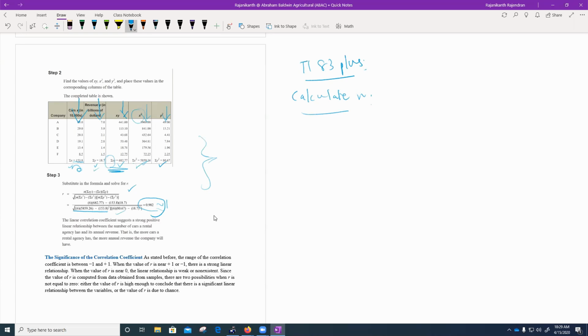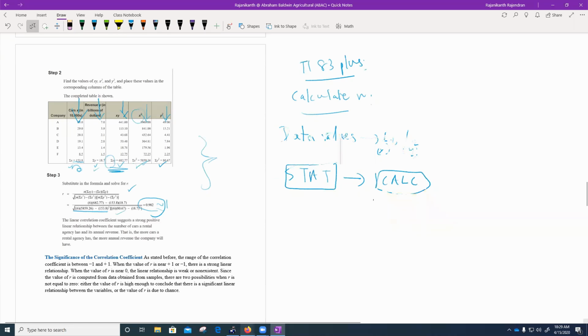First, you have to enter all the data values into the L1 column and L2. Basically, our x values are in L1 and y values are in L2. Okay, now move to stats. Okay, then move to calc.